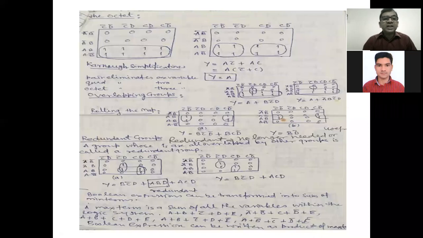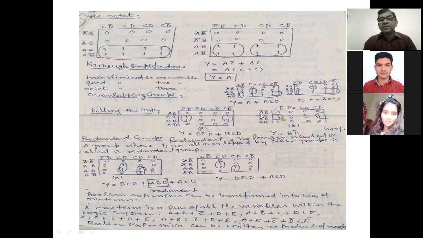Now the next question is whether this K-map can be rolled. We can roll this map like this. The answer is yes. If we roll this map, then we will get a quad, and that will give the suitable, or reduced, answer.